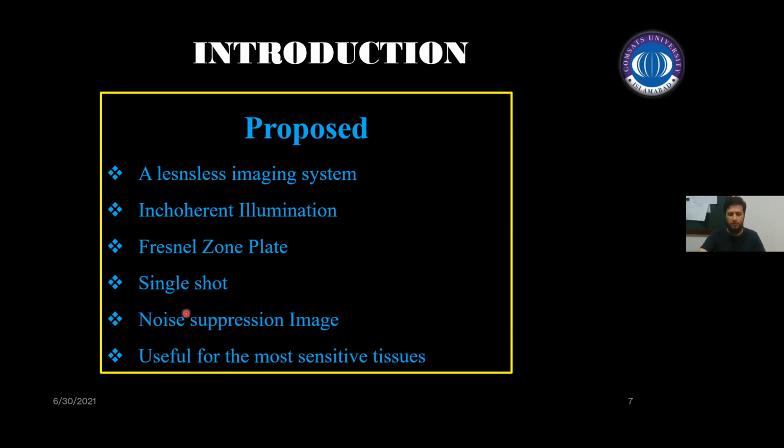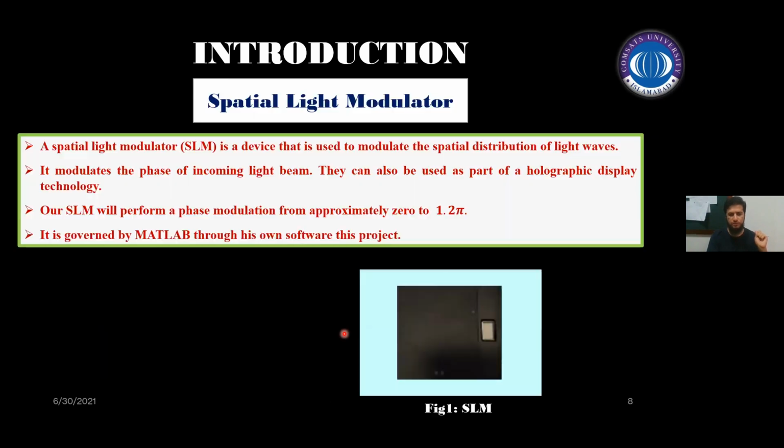The lensless setup is very useful for capturing images of the most sensitive tissues, because we use long wavelength light, meaning we use the green LED, which has low energy, and red, which also has very low energy.